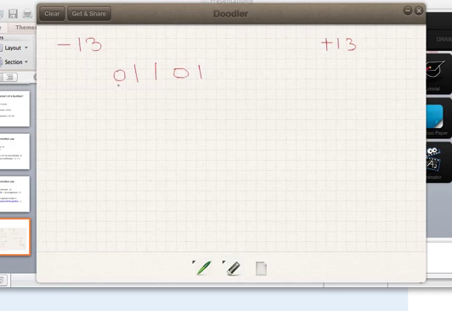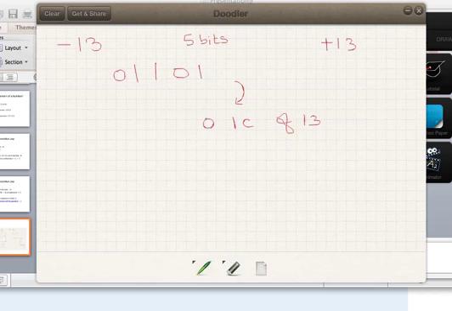We're going to consider 5 bits, so this is 13. You have to flip it to get the 1's complement of 13.